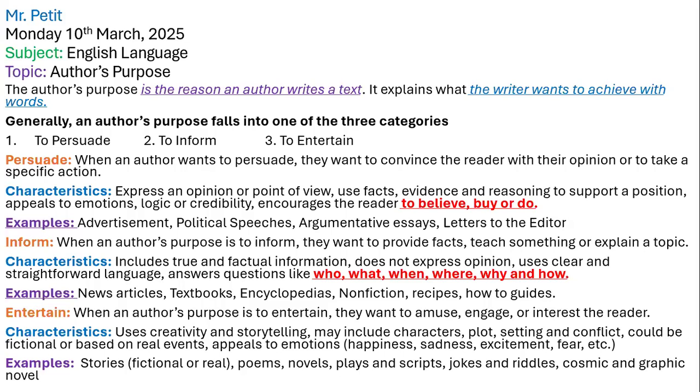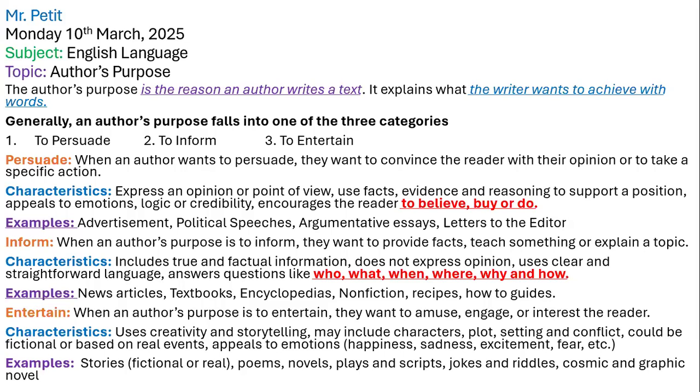Jada, read what we have on the slide, please. The author's purpose. The author's purpose is the reason an author writes a text. It explains what the writer wants to achieve with words. Generally, an author's purpose falls into one of three categories: to persuade, to inform, to entertain. Persuade.